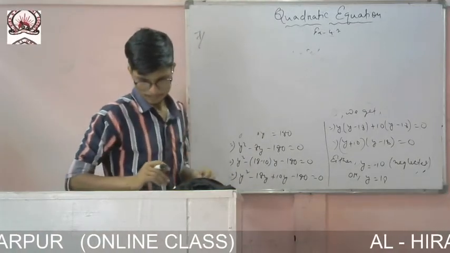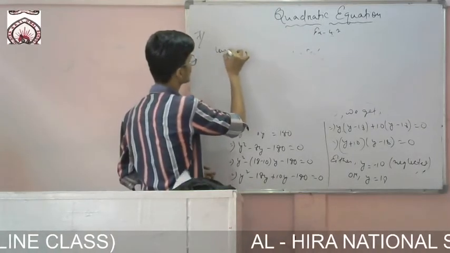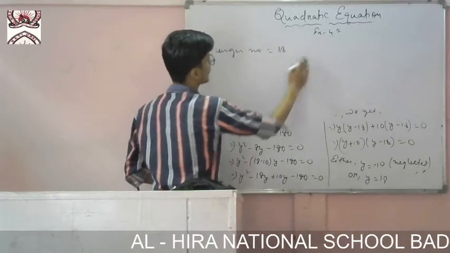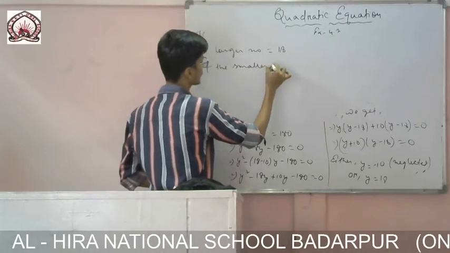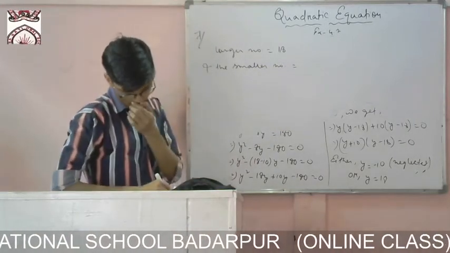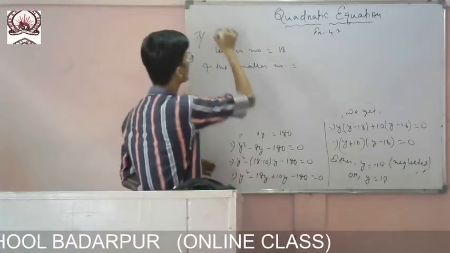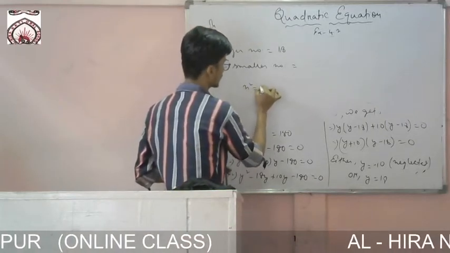So y is the larger number, so therefore the larger number is equal to 18, and the smaller number will be, before that you write this one, you give as equation number 2, x square equals 8y.